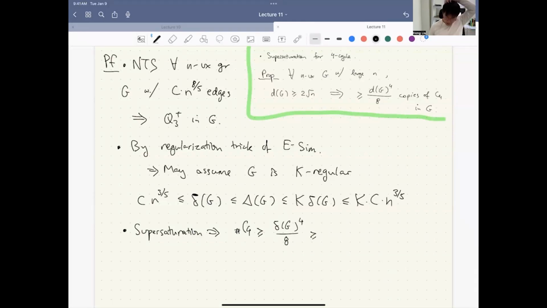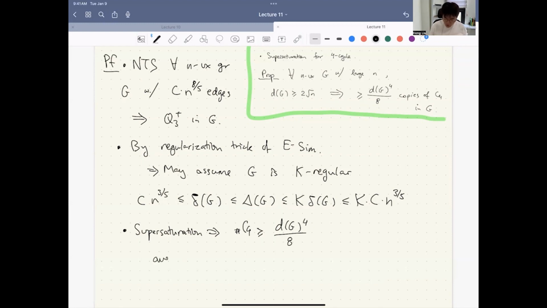So it's at least C to the 4 n to the, let me not do the calculation for now. And the number of edges is n times average degree divided by 2.